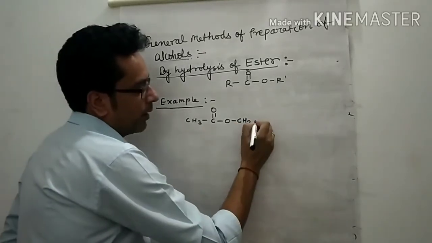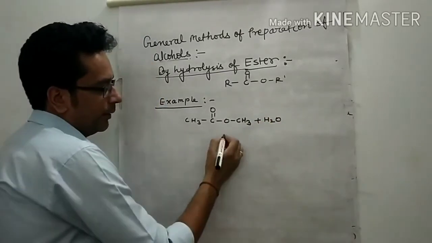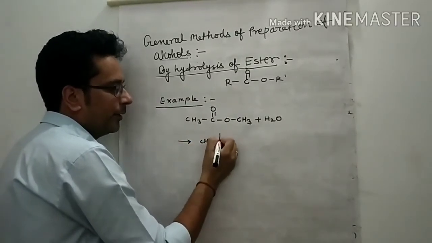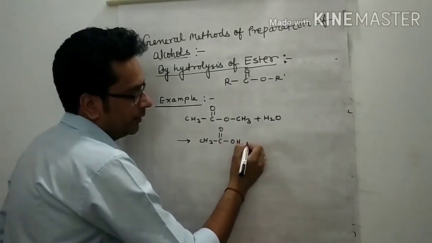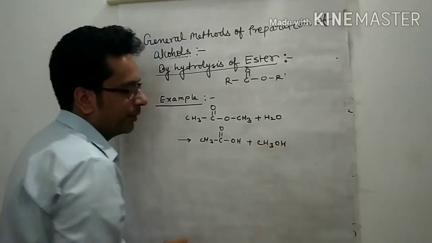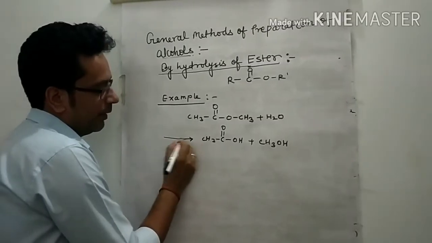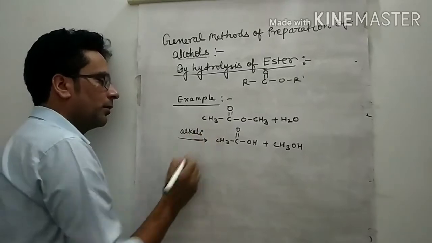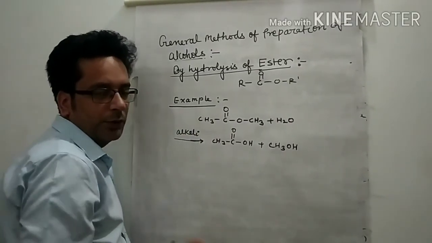Now it reacts with water, then there is formation of CH3COOH plus CH3OH. And this reaction proceeds in the presence of alkali. So alkali means sodium hydroxide, potassium hydroxide.